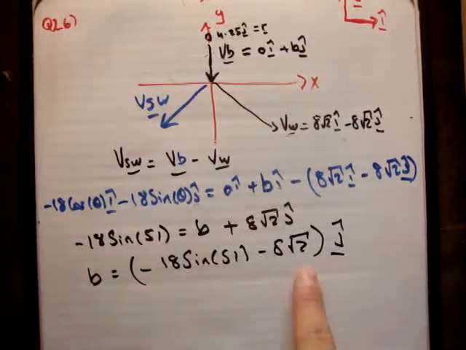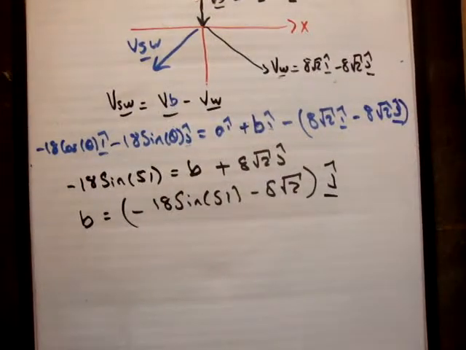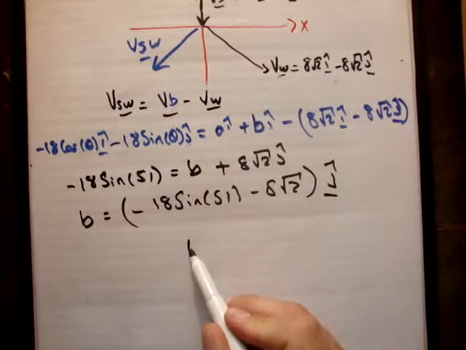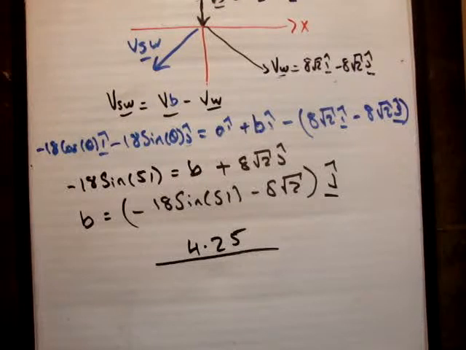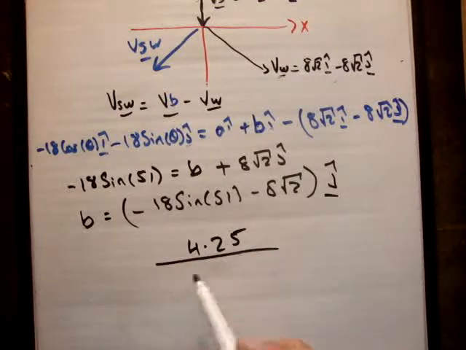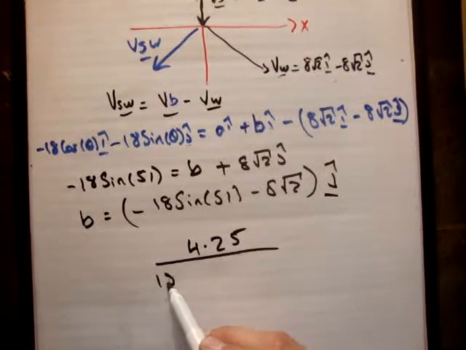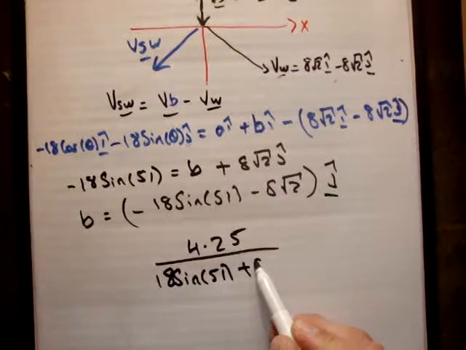Right, so this is the velocity vector for the return journey. Now the distance is equal to 4.25 j. So it's a distance of 4.25 in a j-hat direction, so it must be divided by a velocity in the j-hat direction. Of course it's a negative direction, but it's going to be a positive velocity, so it's just going to be 18 times the sine of 51 plus 8 root 2.